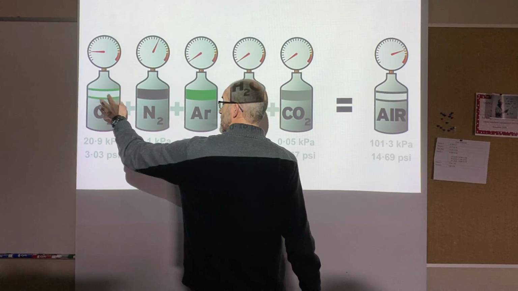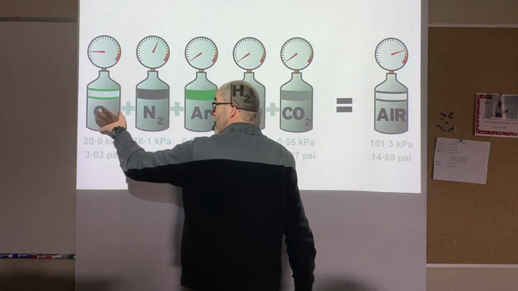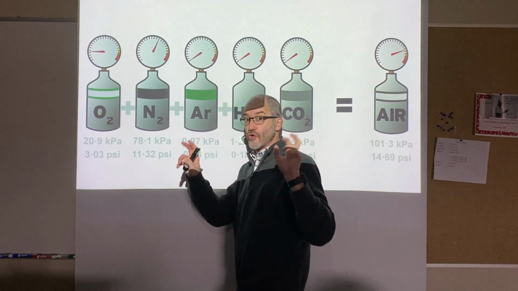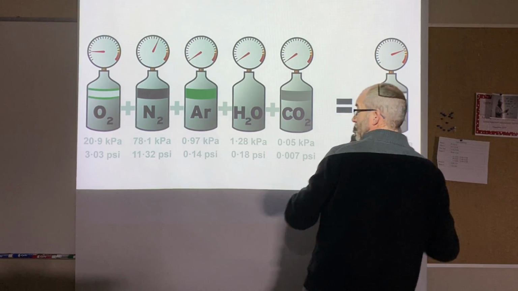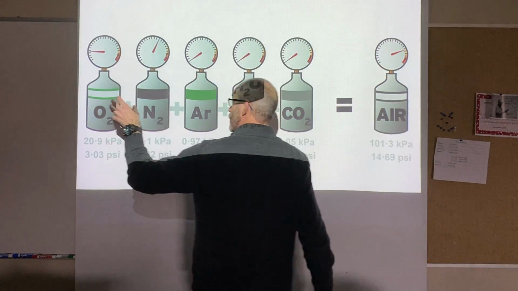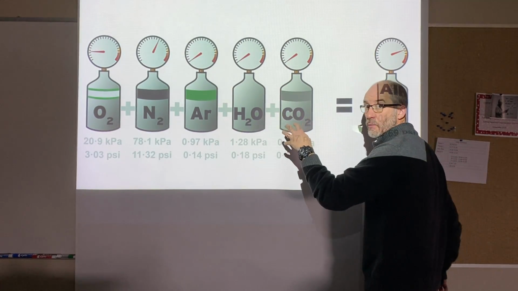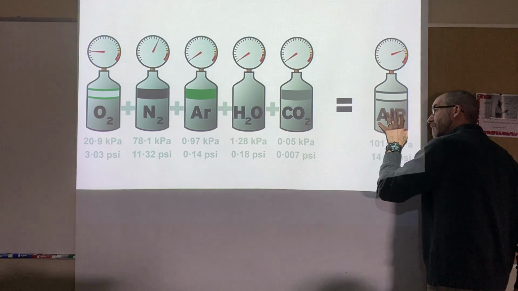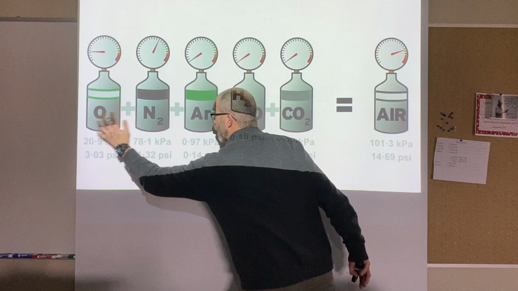So if this is a certain proportion of this, and this has a certain pressure, then how much of this does this represent? In other words, if you know how much pressure is here, here, here, here, and here, that will tell you how much pressure you have here, because this is a sum total of all of these.